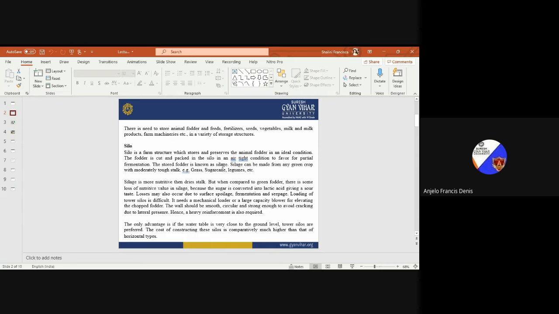So here I would like to discuss a bit about silage. In this type of silos, dry as well as green fodder can be stored. Talking about dry fodder, mainly that is husk or dry biomass or straw, which comes after harvesting and threshing of crops.